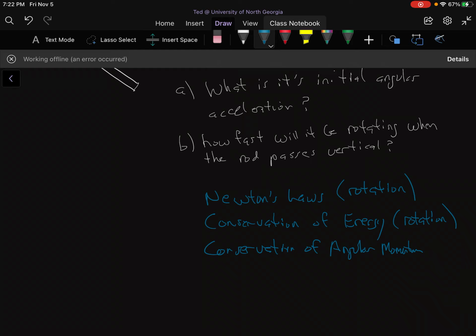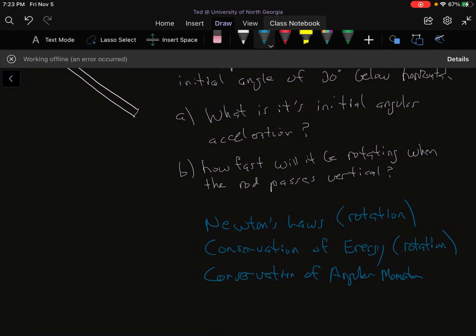Now, if we want to determine the angular acceleration or the acceleration of an object, we pretty much have to use Newton's laws, because only Newton's laws deal with acceleration. Conservation of energy and conservation of angular momentum deal primarily with how fast it's rotating, omega. So, for part A of this problem, we're going to need to use Newton's laws.